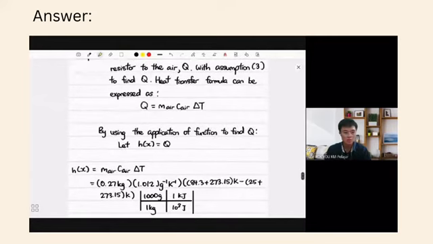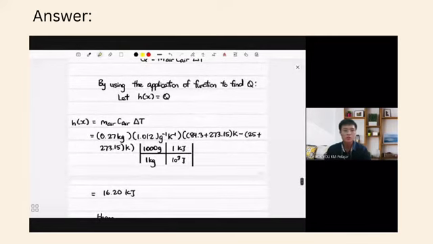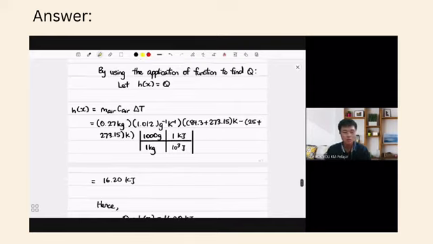So we just let Hx equals Q, then Hx equals M, the mass of air, multiplied with the specific heat capacity of air and the change in temperature. Right now we substitute all the values from the question into the formula, and we get 0.27 kg multiplied by 1.012 joule per gram per Kelvin, and we need to change the temperature from degree Celsius to Kelvin.